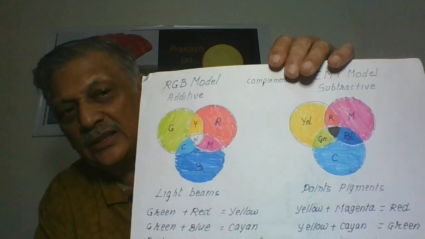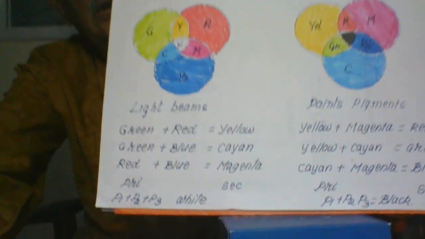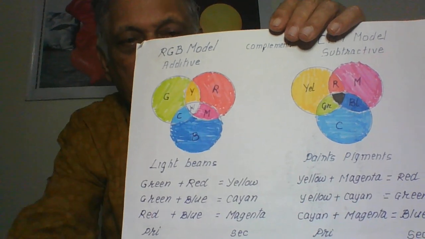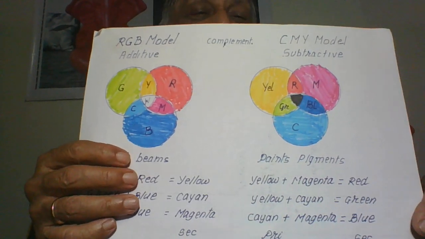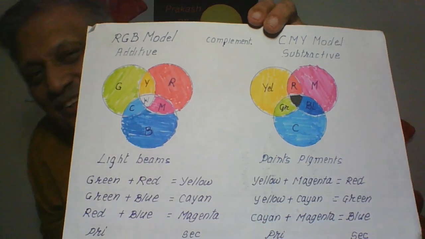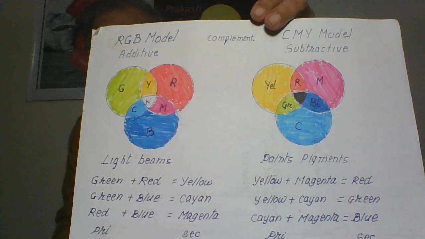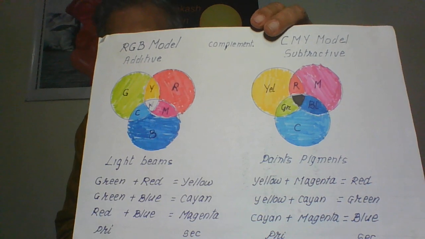I might have to change the angle a bit. Yeah, I think that should be okay. It is the diagram that you need to see. My face isn't all that worth seeing, so let us keep that aside.